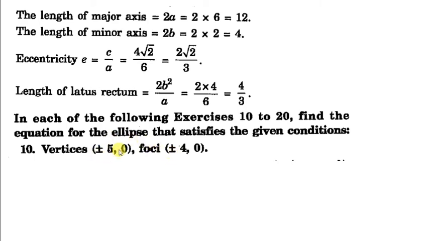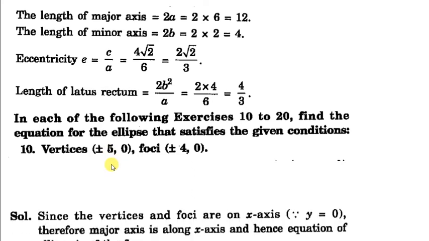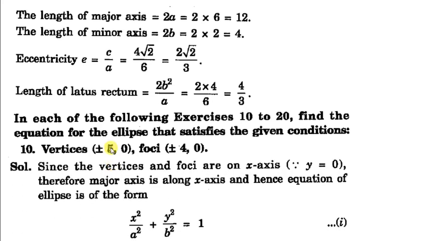Since the focus lies on the x-axis, because the y coordinate is 0, the major axis is the x-axis. So comparing the vertices with plus minus a comma 0, we get a equal to 5. And comparing the focus with plus minus c, 0, we get c equal to 4.